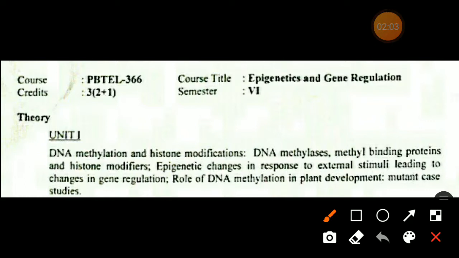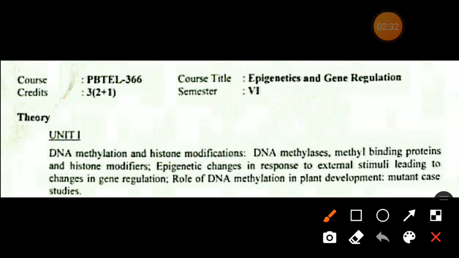Let's elaborate on the theory for this course. In the theory, there are two units, unit 1 and unit 2. We will see the topics given for this course unit-wise.